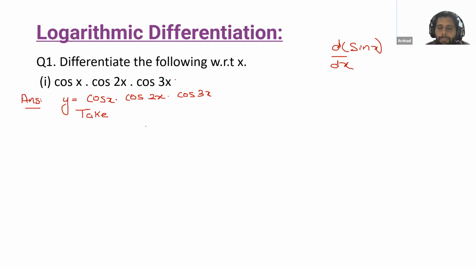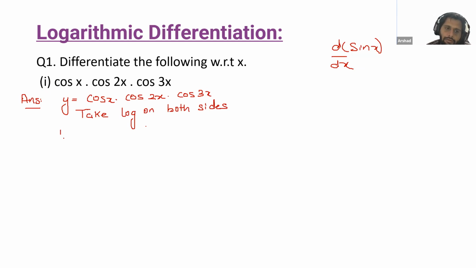But here we need to use log on both sides. There's no LHS here, so from our own side we will take a y. Always take y. Yes, this will get added. So take log on both sides.